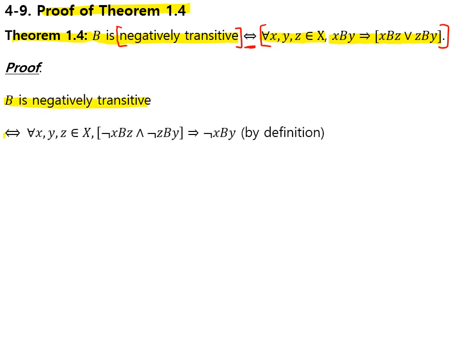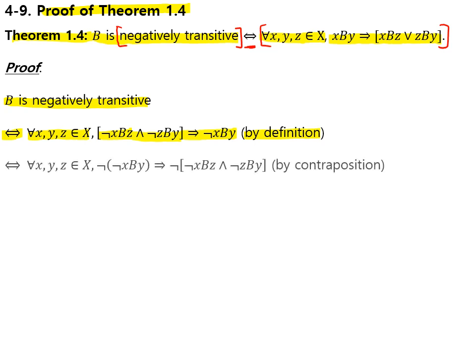Then this is the same as saying that for all x, y, and z, not xz and not zy implies not xy. This is simply by the definition of negative transitivity.